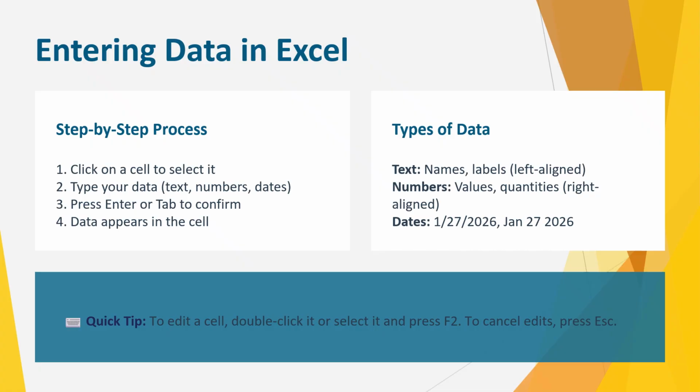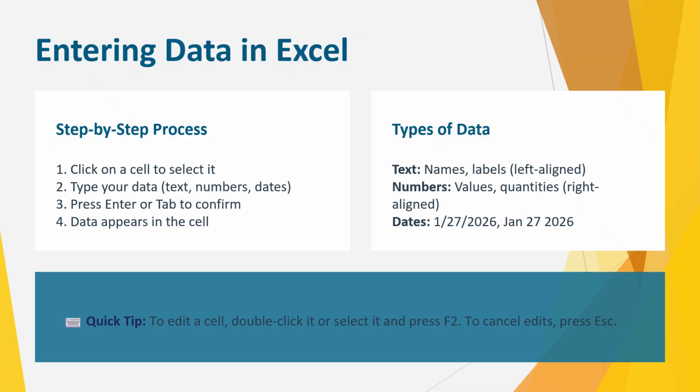Now, entering data, which is one of the major things we are here to explain, data inputting. What are those things that you need to do? You click on a cell, you click to select, and you see that green box you saw in the previous slide.